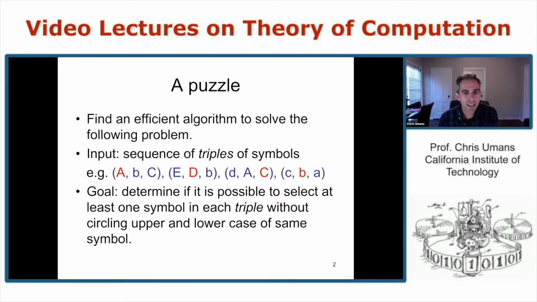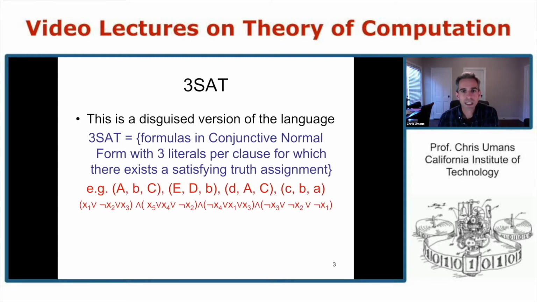The reason that it's relevant for this lecture is that it's a disguised version of the language 3-SAT, which is the problem that we're going to show is NP-complete. So 3-SAT is the language consisting of those Boolean formulas that are in conjunctive normal form with 3 literals per clause for which there exists a satisfying truth assignment.